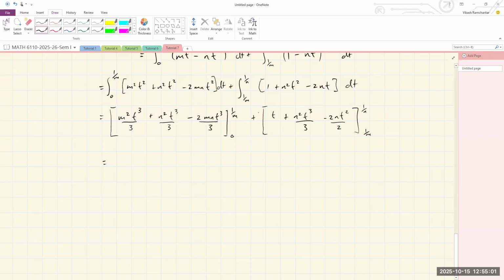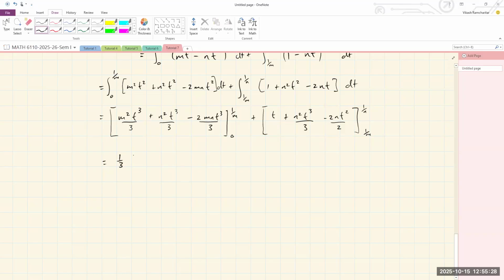So when t is equal to 1 over m, I get 1 over m. So I'll simplify it down a bit. Notice in this first bracket, we have in common t cubed and 1 over 3. So I can actually simplify this one a lot. Let's do that.